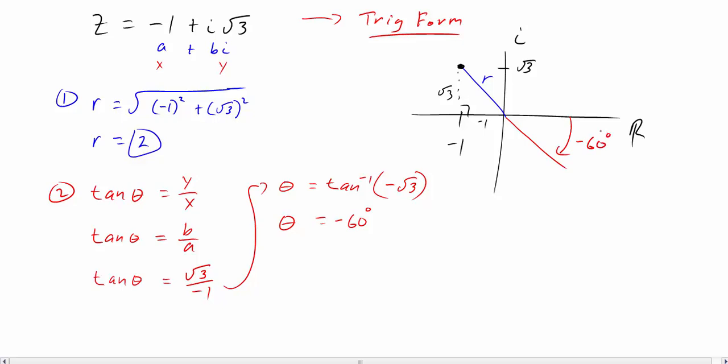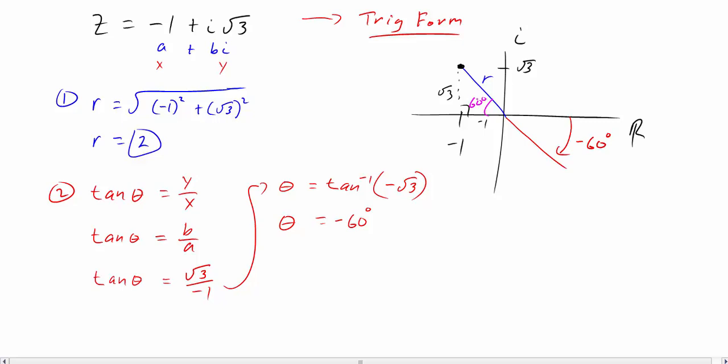Again, this goes back to the whole domain and range with the inverse tangent. So we know our angle is not -60 degrees, but what that tells us is that up here, this angle must be 60 degrees.